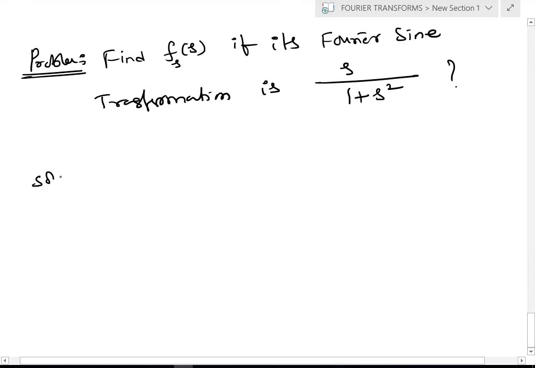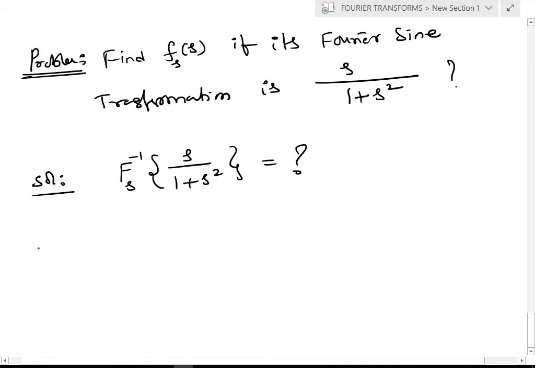This we need to determine. Find the inverse Fourier transformation. That means we need to determine the Fourier sine inverse transformation of s divided by 1 plus s square.